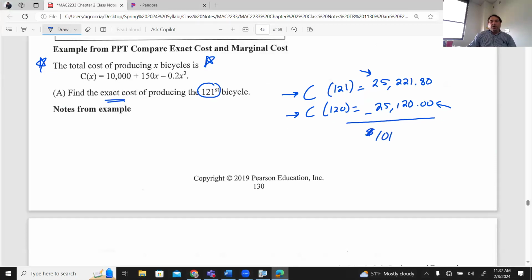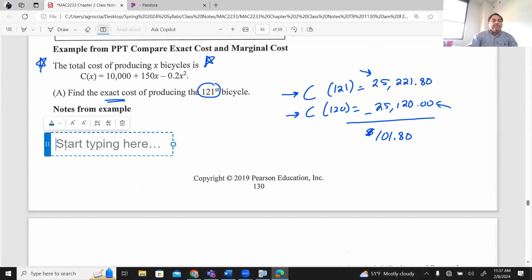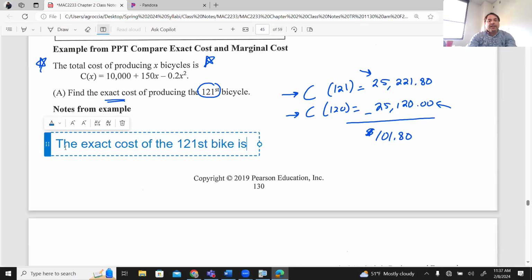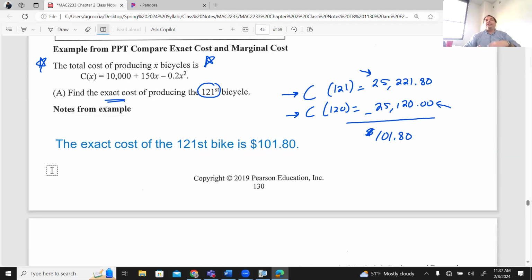Okay, so if I was going to write this in a complete sentence, the exact cost of the 121st bike is $101.80. Okay, so again, exact cost, no derivatives, no calculus, nothing like that.